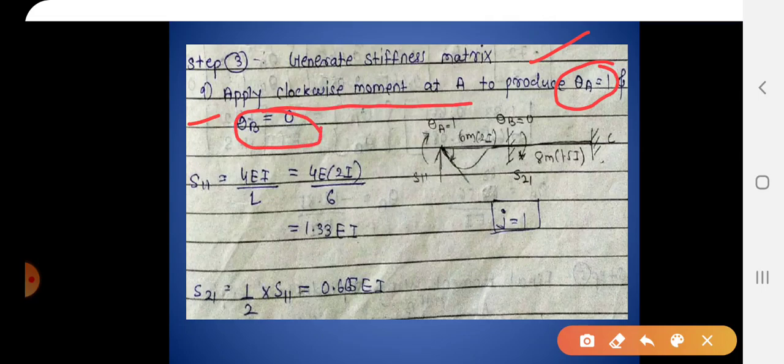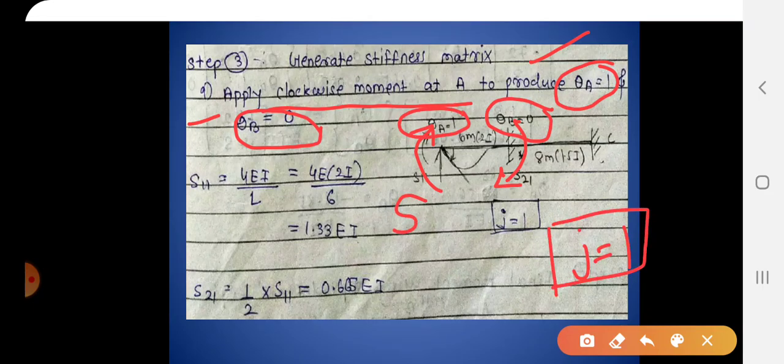Therefore concentrate on this diagram. We have applied a moment at A and it has been transferred to B because B is now a fixed support, because theta B should be equal to 0, theta A equal to 1. And this is the first step, A part, therefore J is equal to 1.